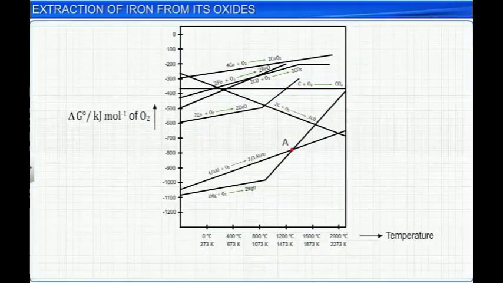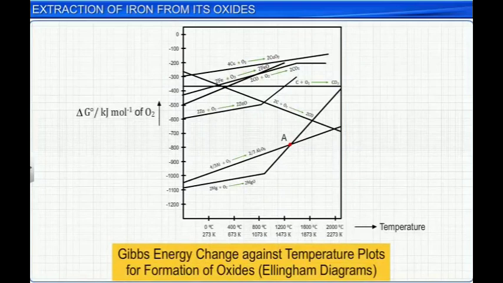The Ellingham diagram is useful in predicting the conditions under which a metal ore can be reduced to the metal. It gives information to predict the equilibrium temperature between metal oxide and metal.